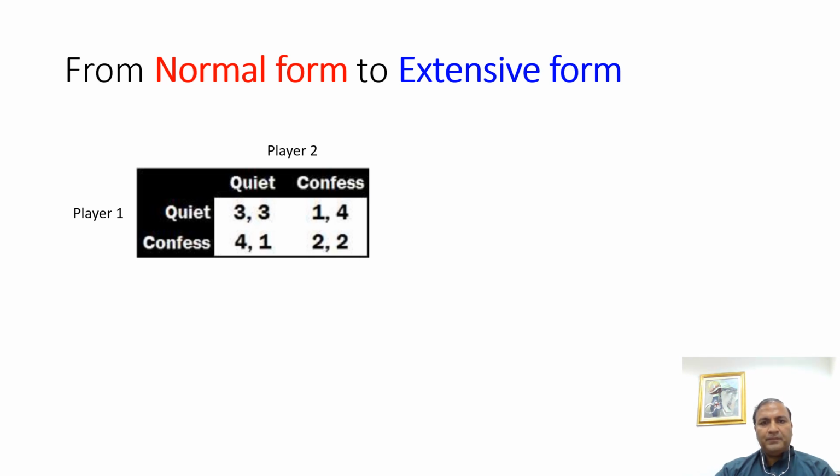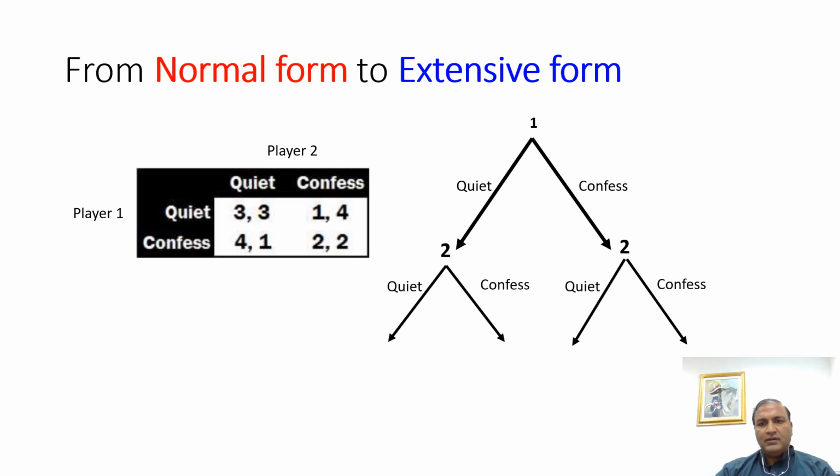Anyhow, there is no timing involved, but let us try to write this game in extensive form, or in the form of a tree. So if you see, for player 1 we have two options, quiet or confess, and then we also have the options for player number 2 to be quiet or confess. And now we have to write the payoffs.